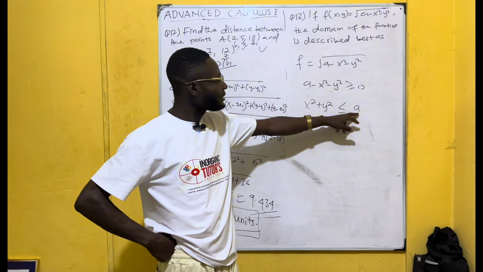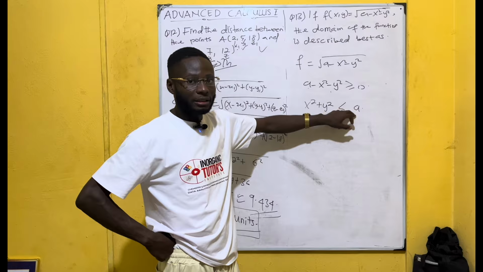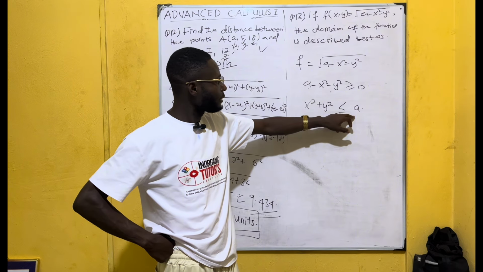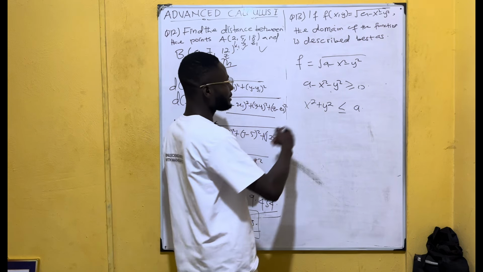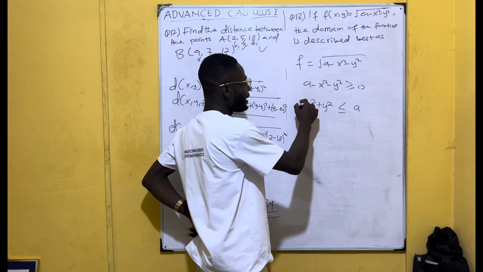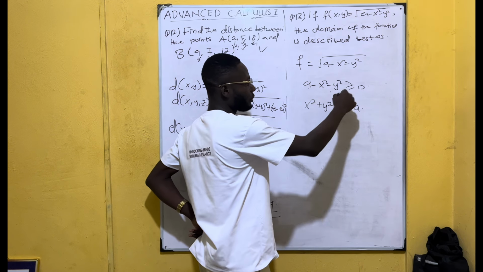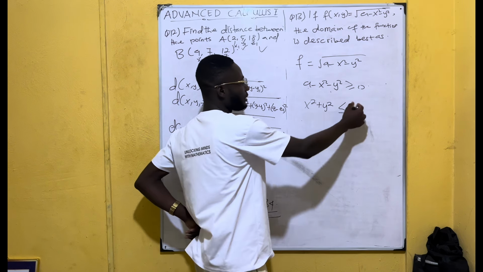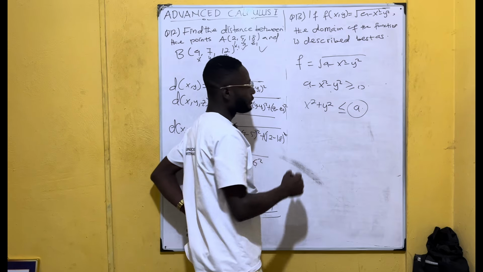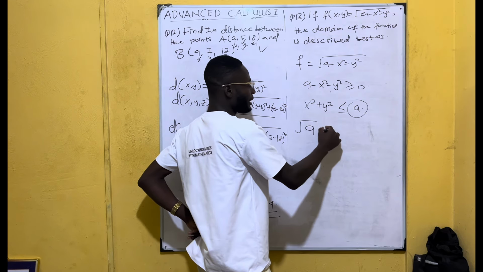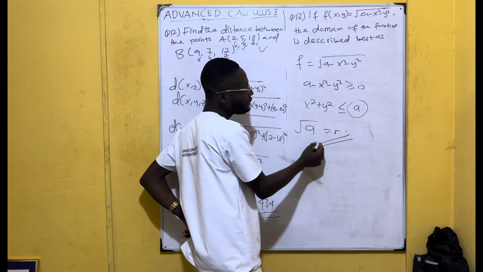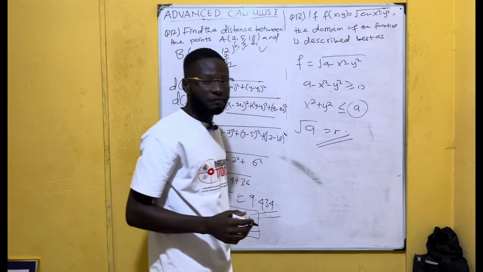A squared. So because these things are like this, that means if you take the square root on this side, you have the square root of a here. So the radius here is the square root of a.